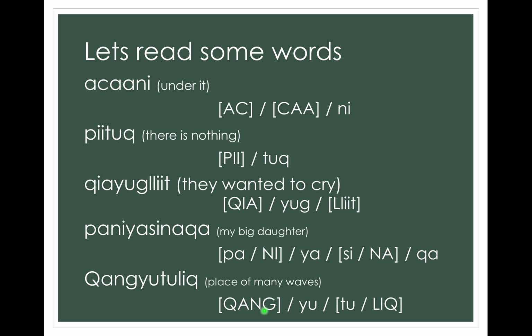This one is closed, so even though it's stressed, it's not going to be lengthened. This is an open syllable, but it's not stressed, so it won't be lengthened. And this stressed syllable is closed and at the end of a word, so none of these syllables are going to be lengthened. Though kang and lik will be stressed, so kang yu tu lik. Okay.